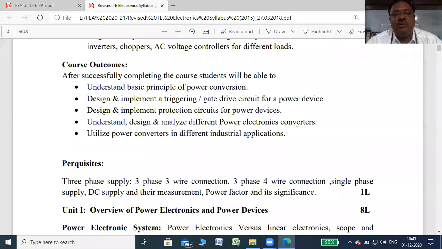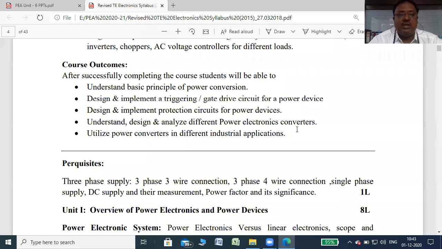Then everyone understands the requirement or need of a triggering circuit or a gate drive circuit for power devices, because without a triggering circuit or gate circuit, you cannot turn on or turn off your power device.